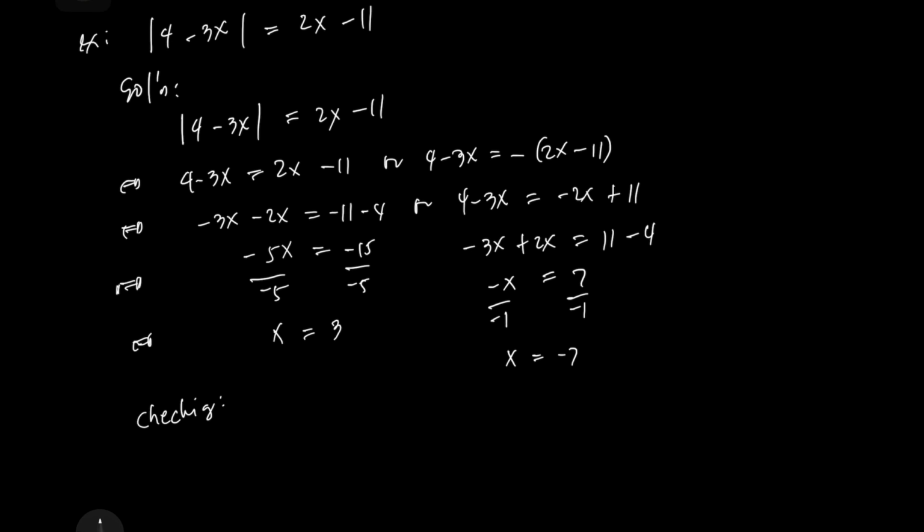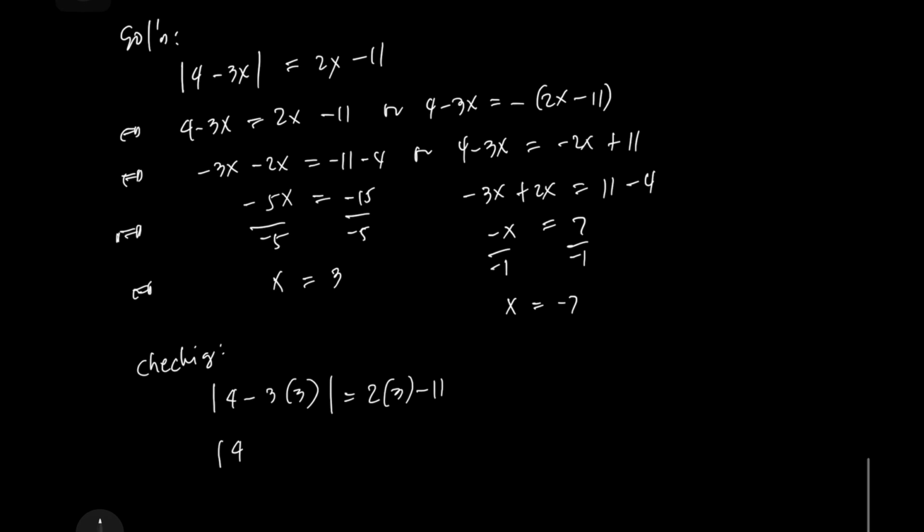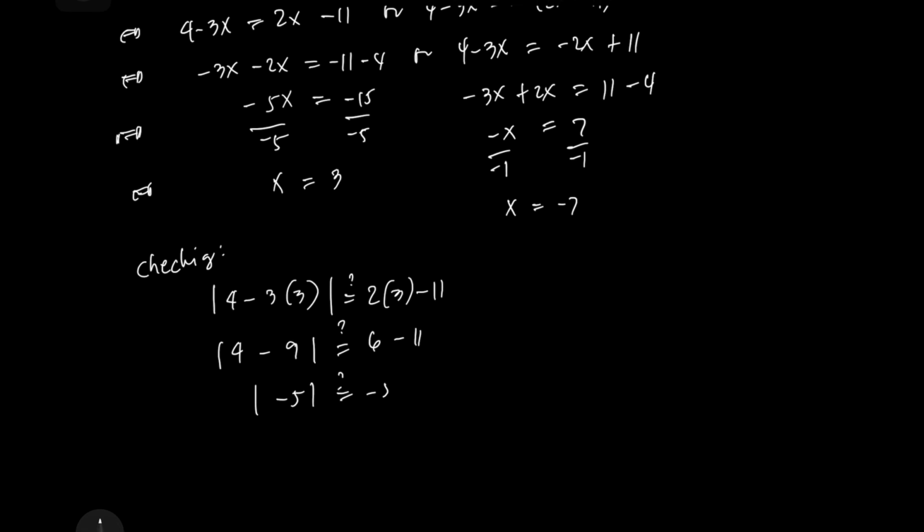So checking, we have the absolute value of 4 minus 3 times 3 equals 2 times 3 minus 11. So that means 4 minus 9, is it equivalent to 6 minus 11? 4 minus 9 is negative 5. 6 minus 11 is negative 5. But the absolute value of negative 5 is 5, equated to negative 5, then they are not equal. So x here is not a solution.